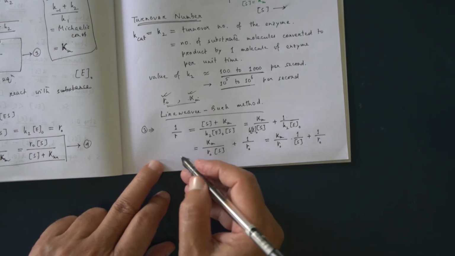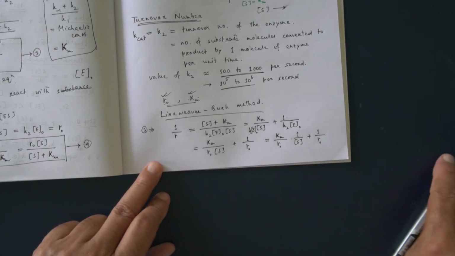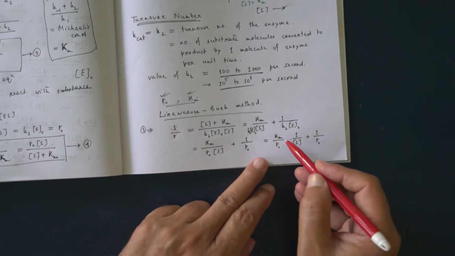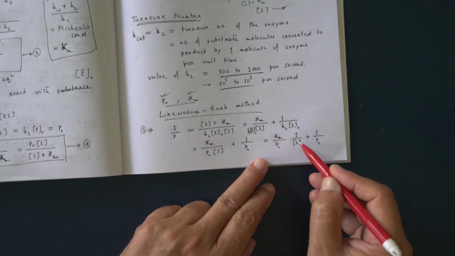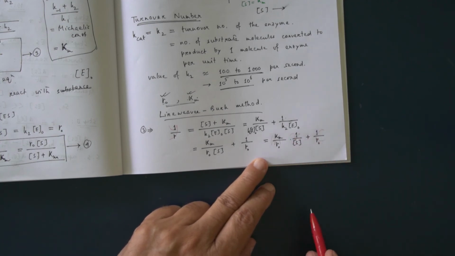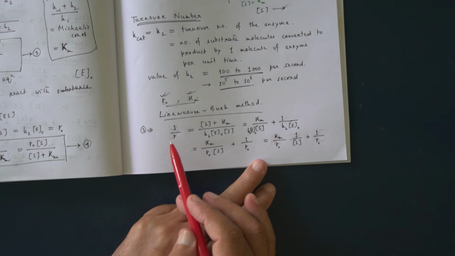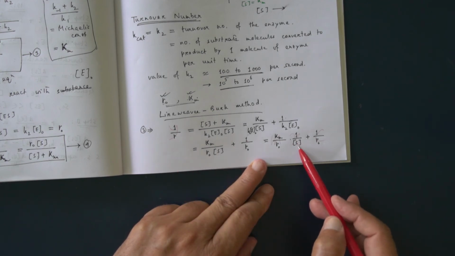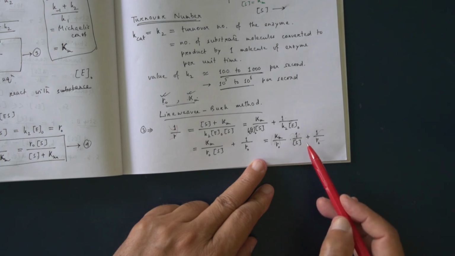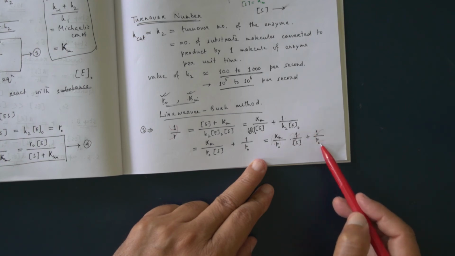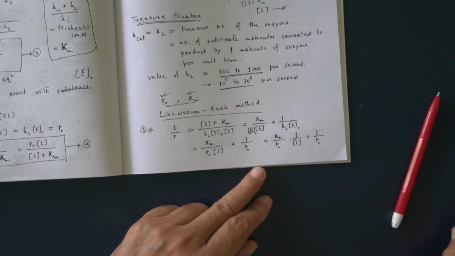Suppose 1 by R equal to Y, the slope equal to M, 1 by S equal to X and the intercept C. So if we draw a graph between 1 by R and 1 by S, we will get a straight line with this intercept.